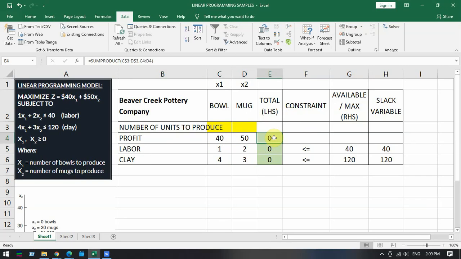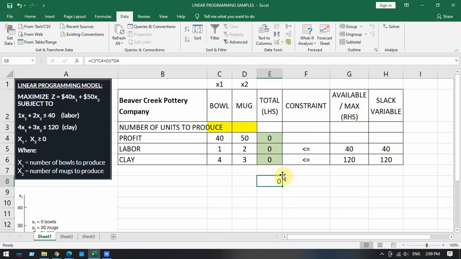Basically, that is the product of our number of units to produce and our profit per unit. Now, what we usually know, maybe, is we compute this manually, one by one. For example, this one times this one, and then plus this one times this one, and then we get the product.